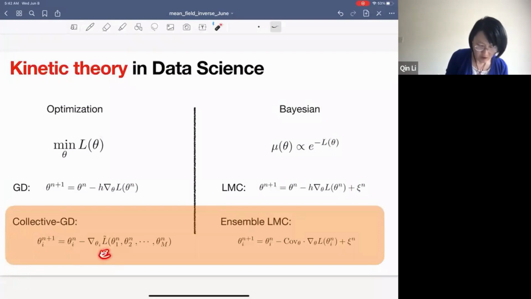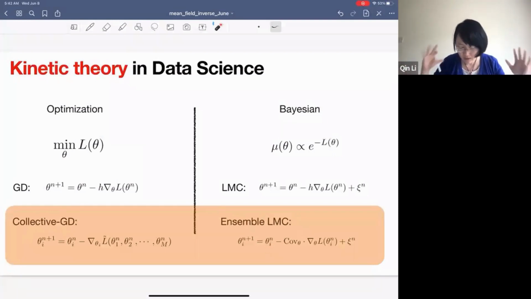Of course, this loss function needs to be rewritten from the original loss function. Similarly, under the Bayesian formulation, it's the same story. Instead of looking for one sample from the target distribution, we are now looking for a lump of samples all together. There are so many of them, let's say 100, 1,000, 1 million, whatever.